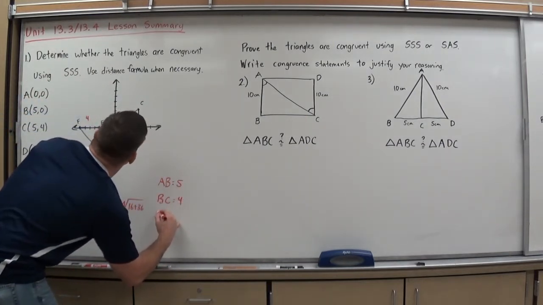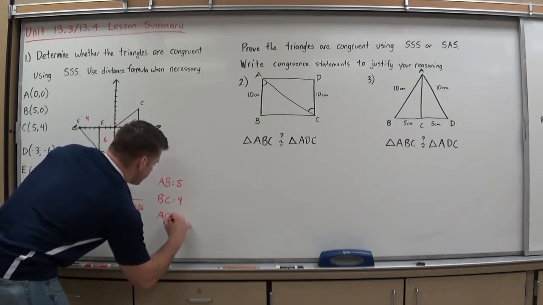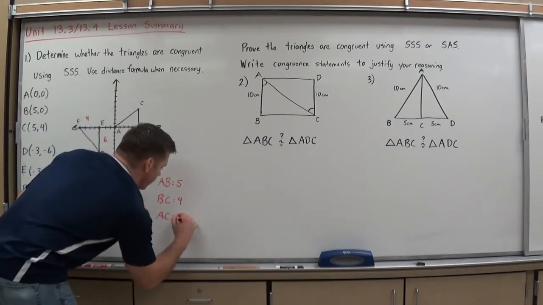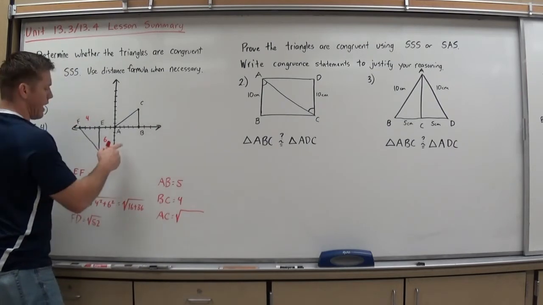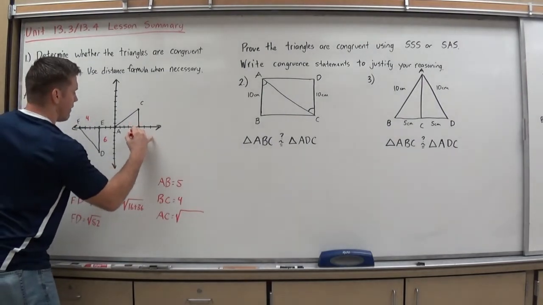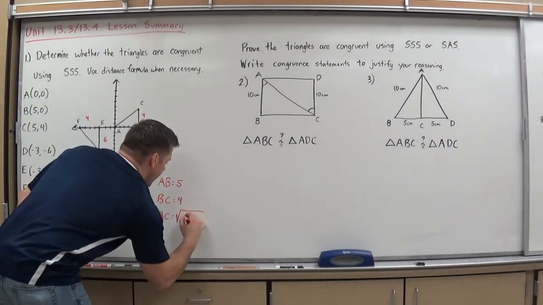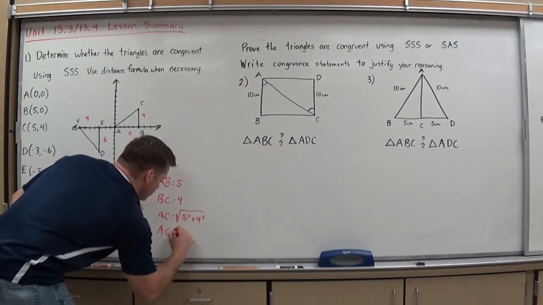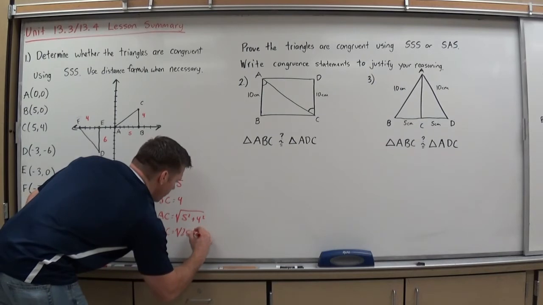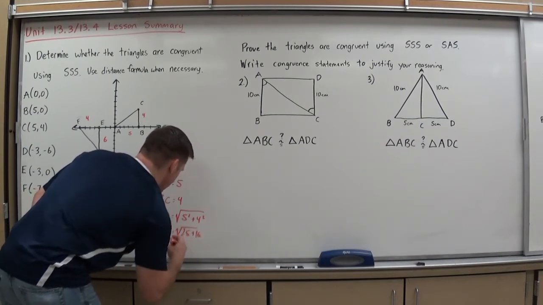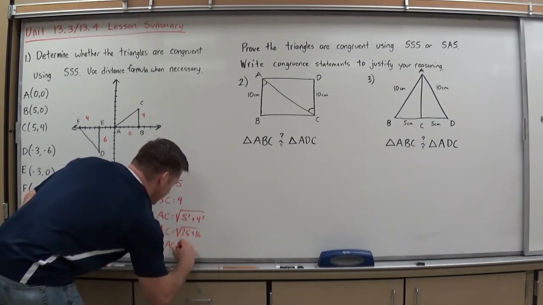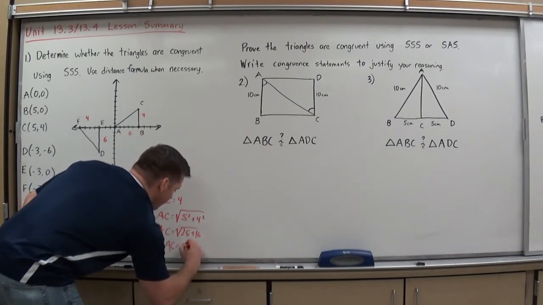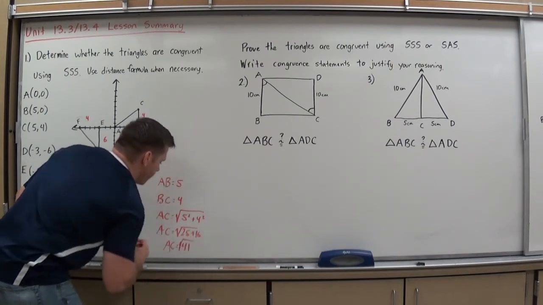And then to find the measure of AC, I would have to do the Pythagorean theorem or the distance formula again. If I do that, this was a length of 5 and 4, so it would be 5 squared plus 4 squared. 5 squared is 25. 4 squared is 16. Making the length of AC 25 plus 16, 41. It's the square root of 41.